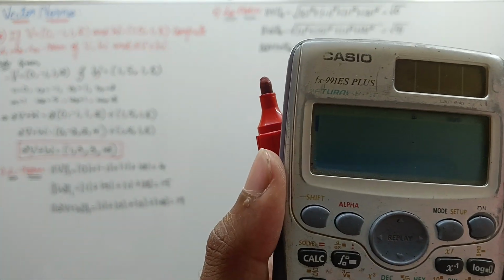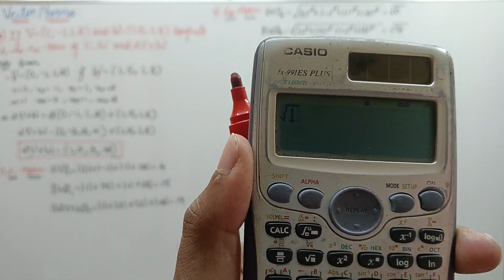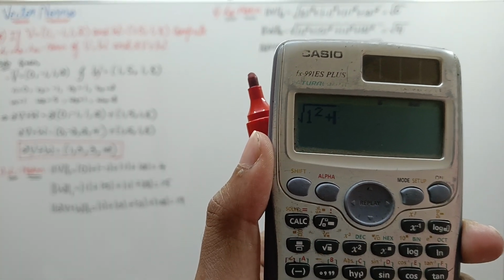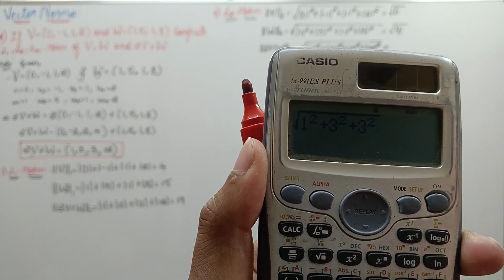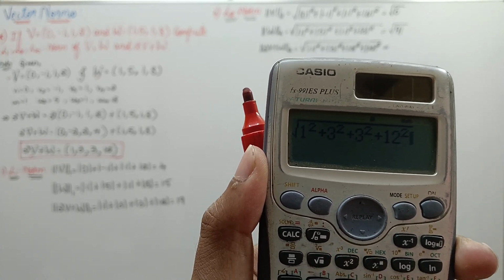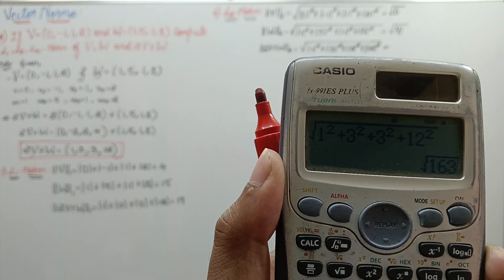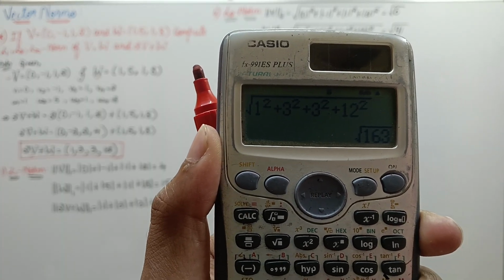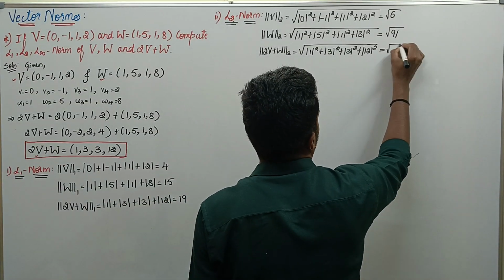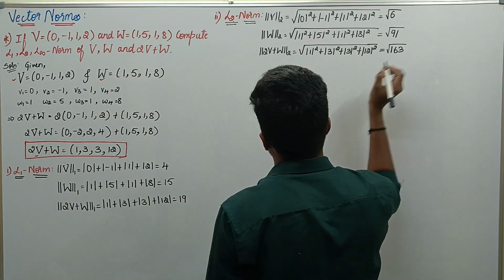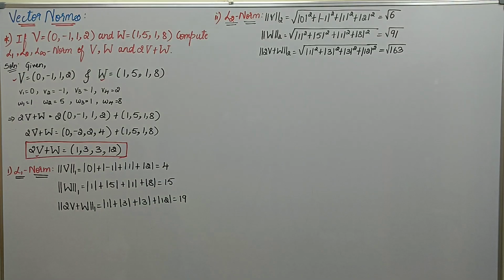Square root of 1 square plus 3 square plus 3 square plus 12 square, you get 163, square root of 163. This completes our L2 norm.